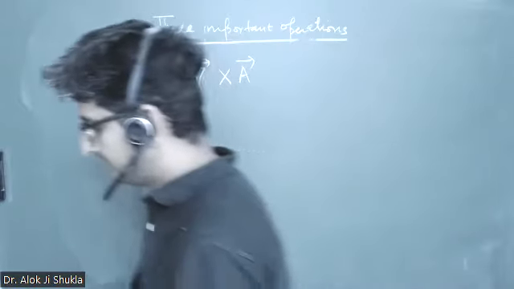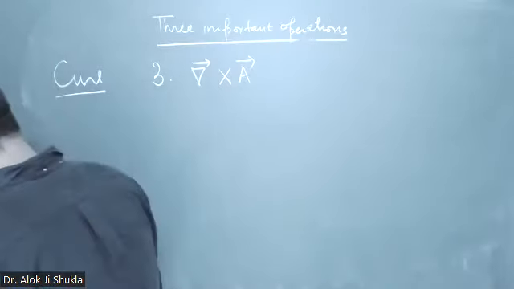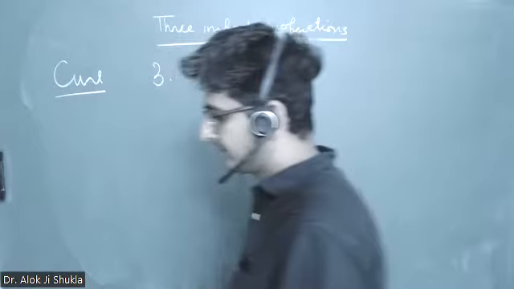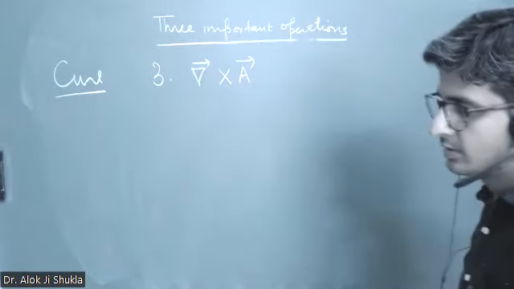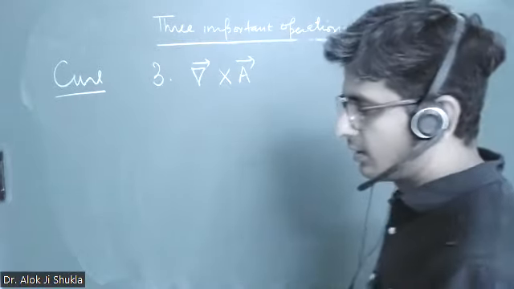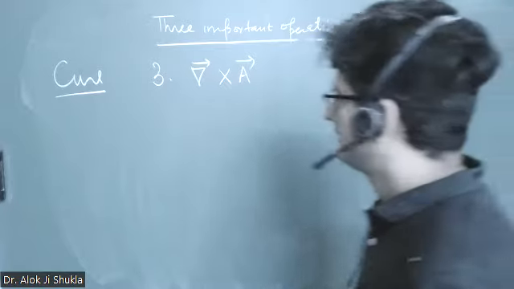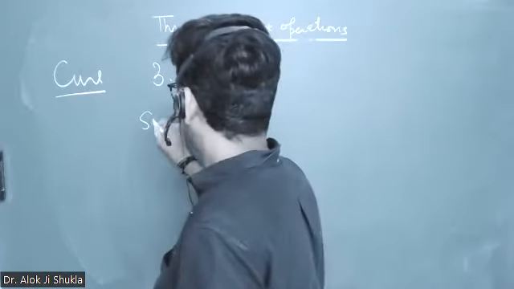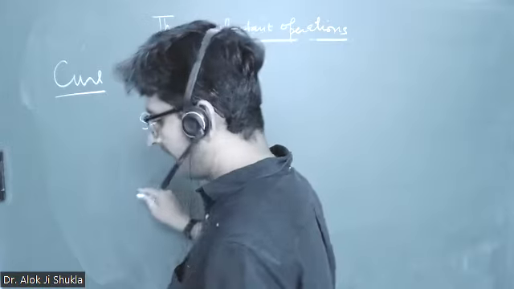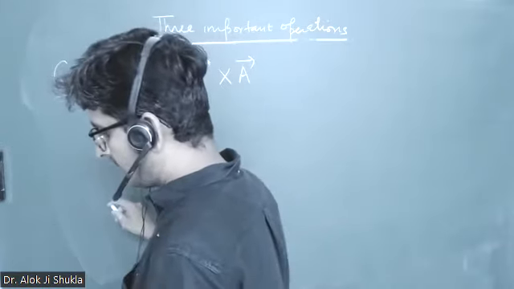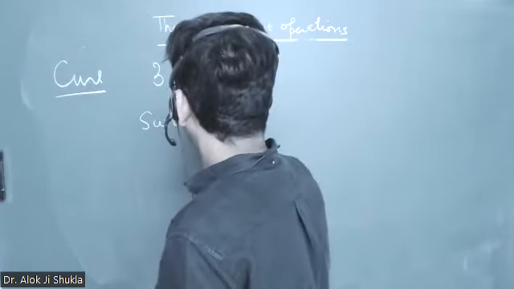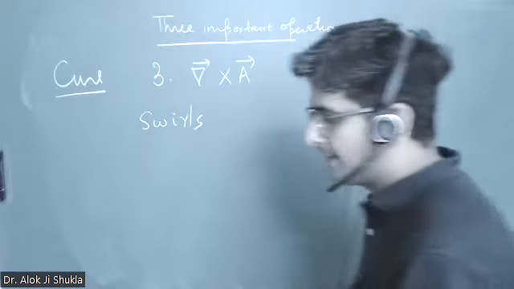It measures how much a vector rotates, or we can use this word, swirls about a point.